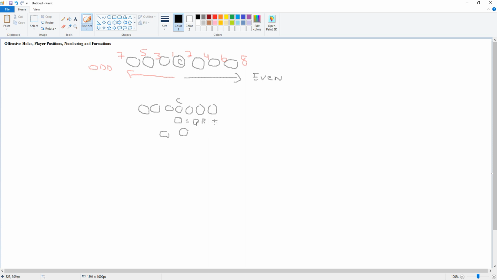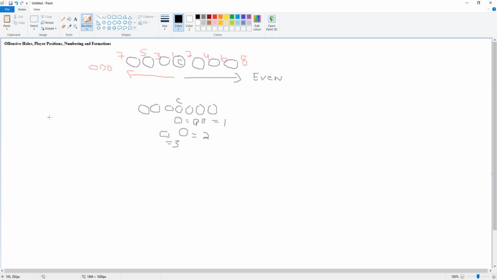Okay. So this is the QB, equals 1. Our QB is number 1. Our tailback is number 2. And our fullback right here is number 3. Our receivers, and sometimes the receivers are going to get running plays too out of some of our formations and pass plays.